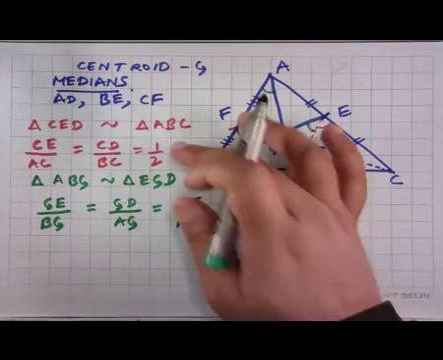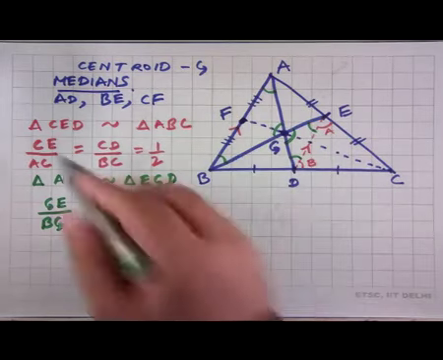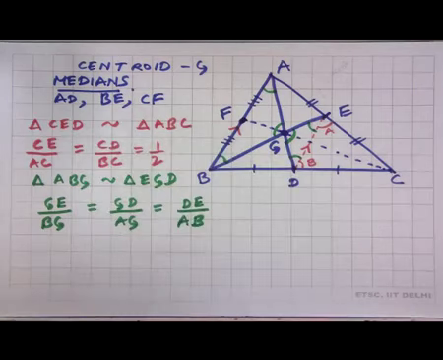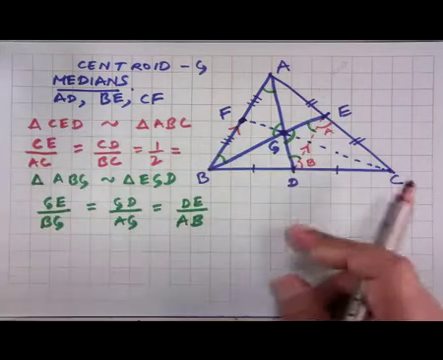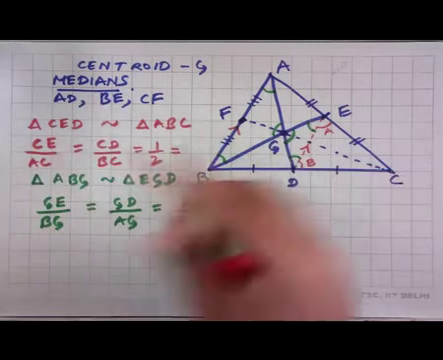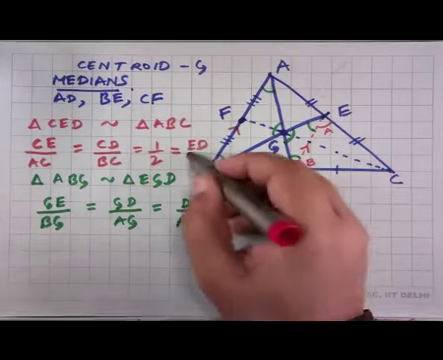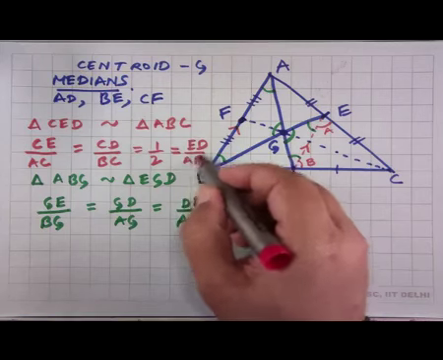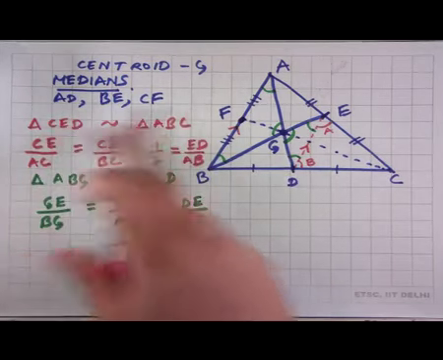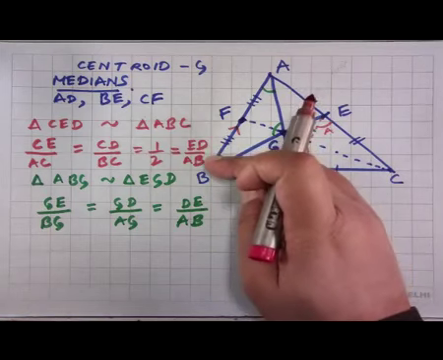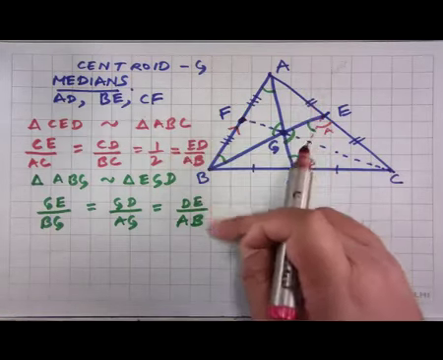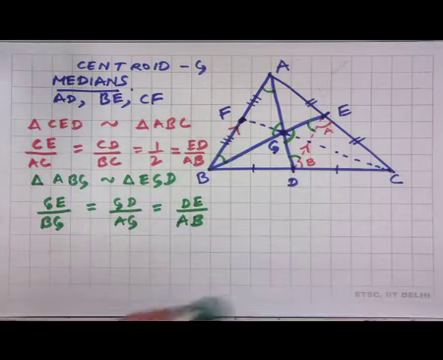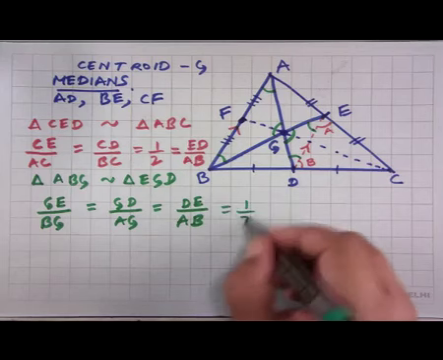However, just now we had shown that the triangle CED and the triangle ABC are similar. So, these two ratios should be equal to the ratio of the side ED of triangle CED over the side AB of the triangle ABC. So, because of the similarity of these two triangles, it follows that this ratio ED by AB is half, but that ratio is the same as this ratio, and hence this ratio is equal to half.